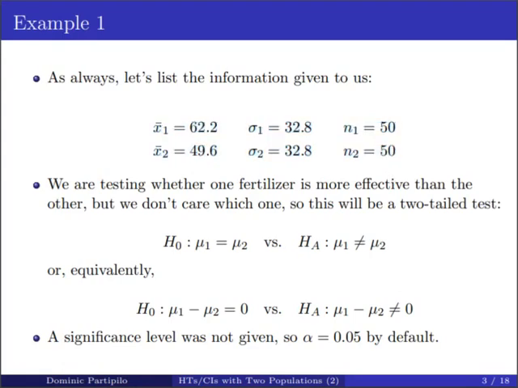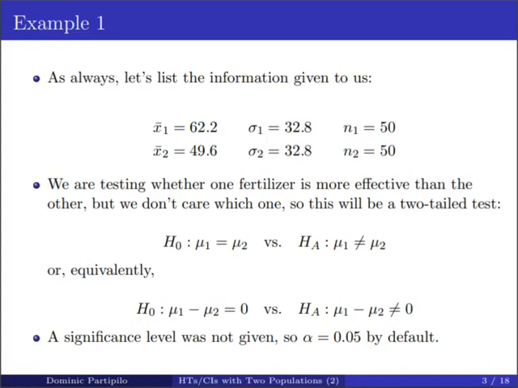So now let's structure the hypothesis test. We're testing whether one fertilizer is more effective than the other, but we don't care which direction this is going in. We don't care if fertilizer A is better than fertilizer B or fertilizer B is better than fertilizer A. Whichever one is better, that's the one we would like to use as long as it's statistically significant.